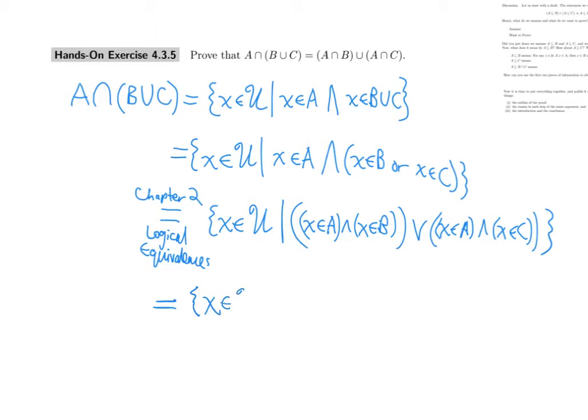Let's keep going with definitions here. X is in A and X is in B means the same thing as X is in A intersect B. And similarly, X is in A and X is in C means the same thing as X is in A intersect C. And these two statements are joined with a logical OR.